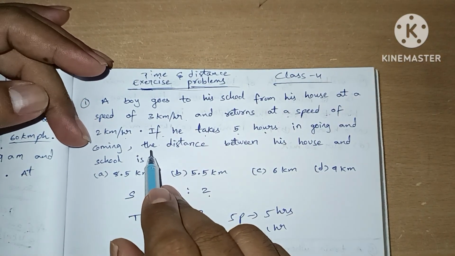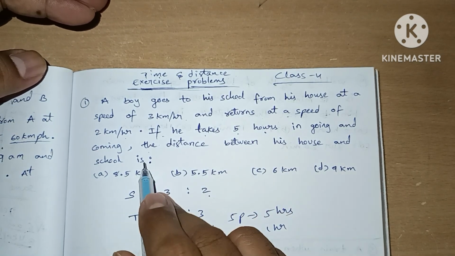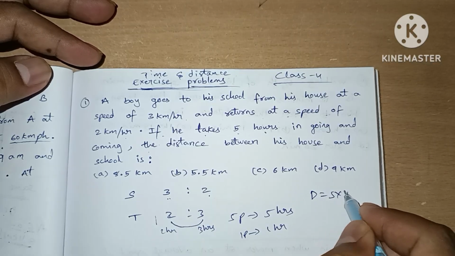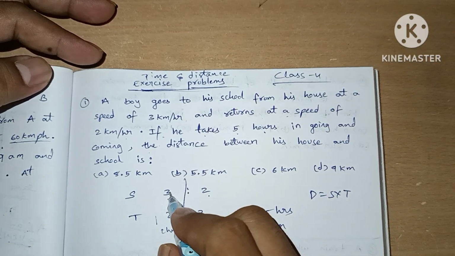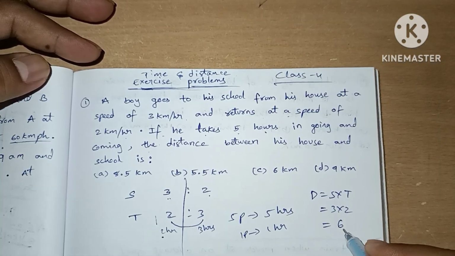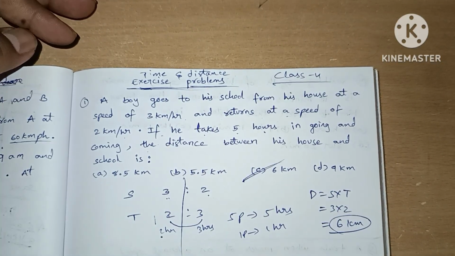Then what we need to find is the distance between his house and the school. So distance equals speed into time. We'll take one of these: 3 into 2 will be 6 kilometers, which is our answer. Option C is our answer.